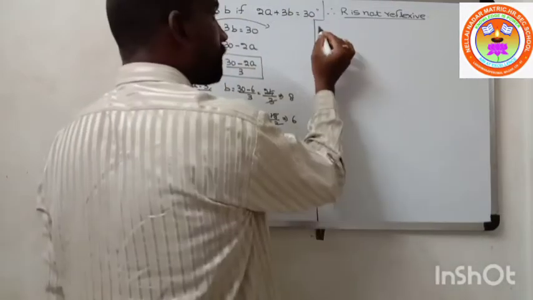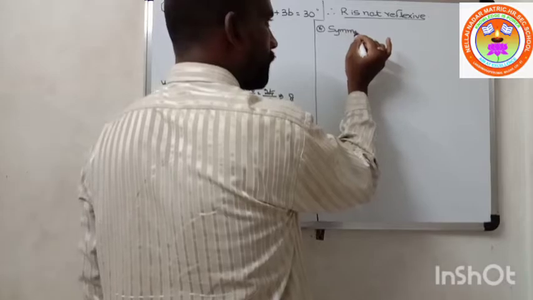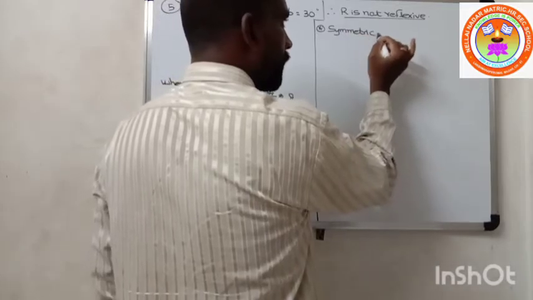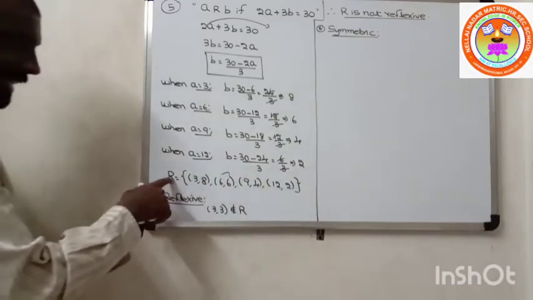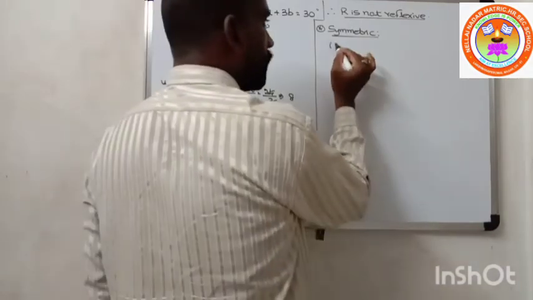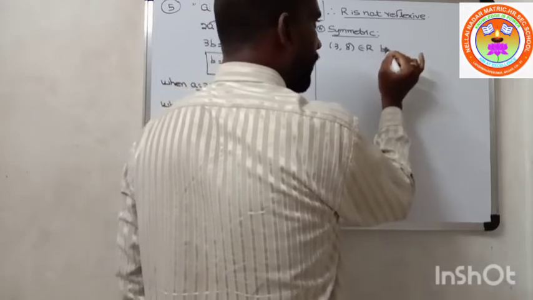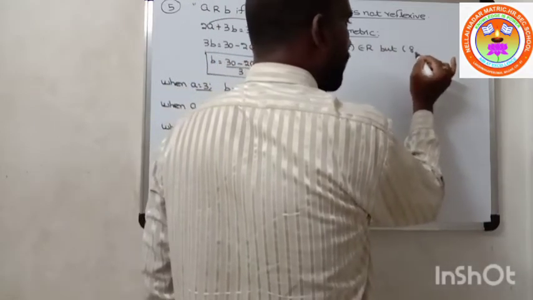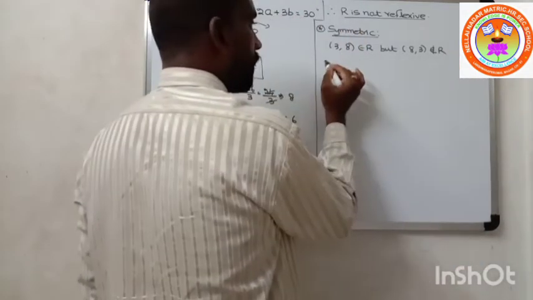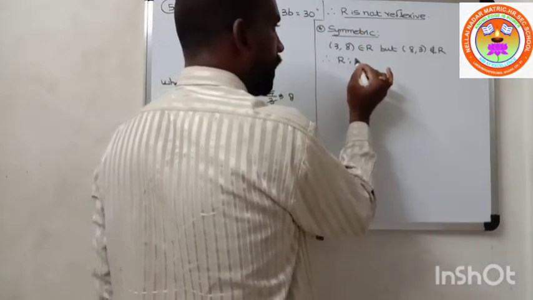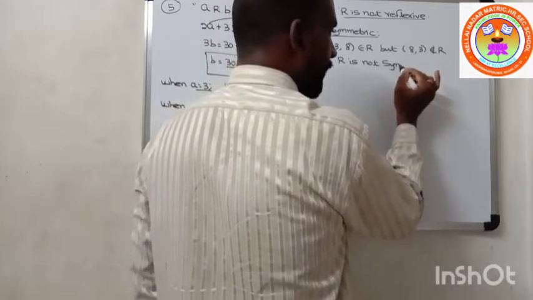Second one, symmetry. So 3, 8 belongs to R, but 8, 3 does not belong to R. Therefore, R is not symmetric.